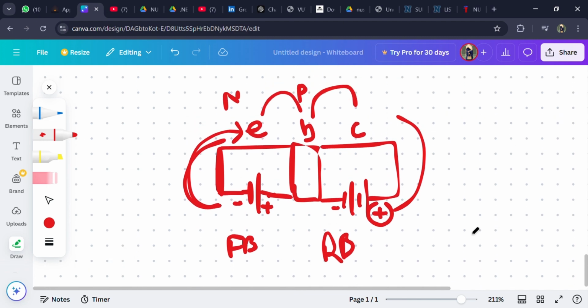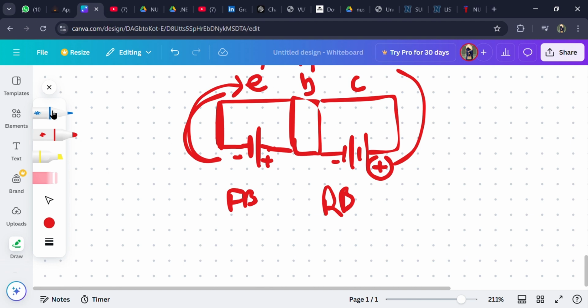Now, in the case where forward biasing is going on, we know that the depletion layer, if we just consider this side, is really thin.